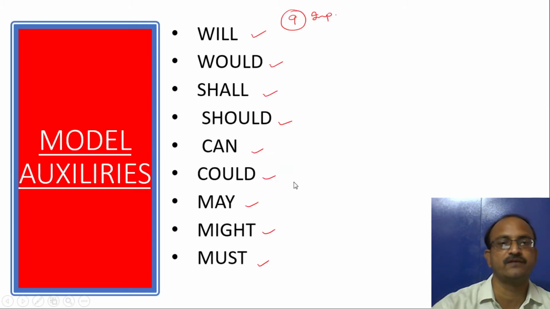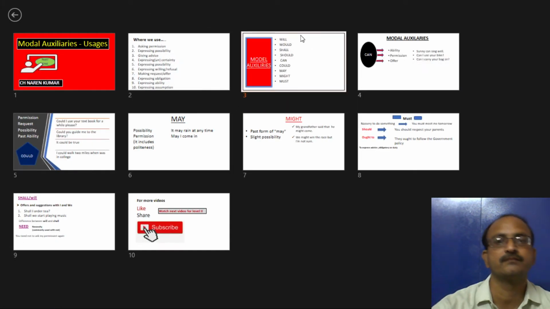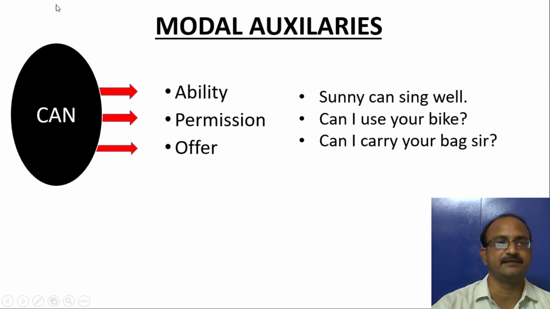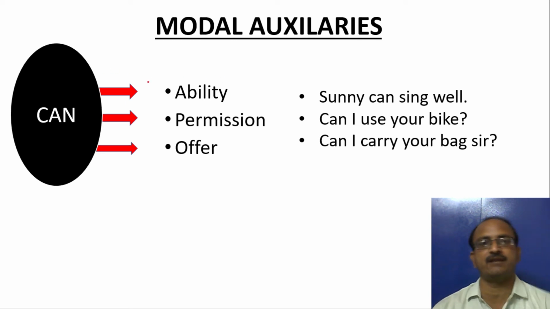Okay, let's go to the next one. Let's start with can. Among the nine, can is an important auxiliary. Where do we use this modal auxiliary? We can use can to show ability.